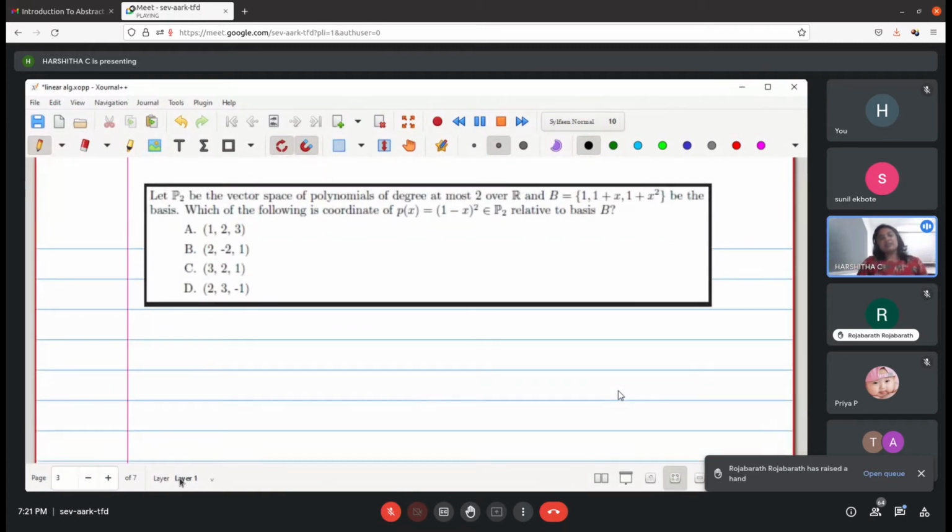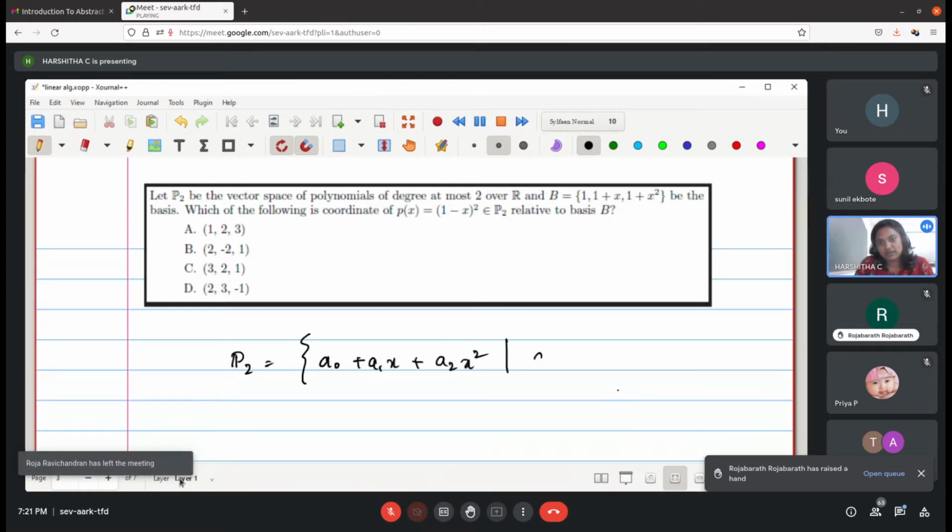Okay. So this says let P2 be the vector space of polynomials of degree at most 2. So what is P2? It is A0 plus A1x plus A2x square such that A0, A1, A2 belong to real numbers.